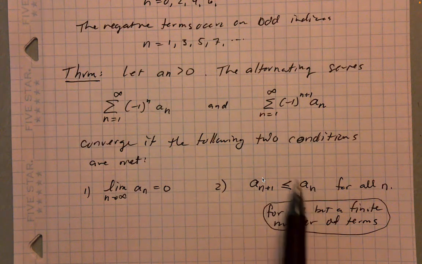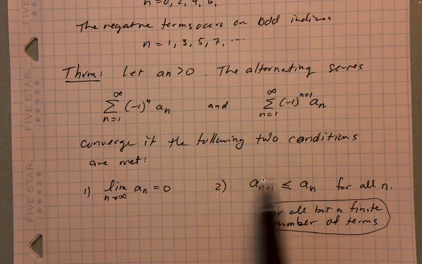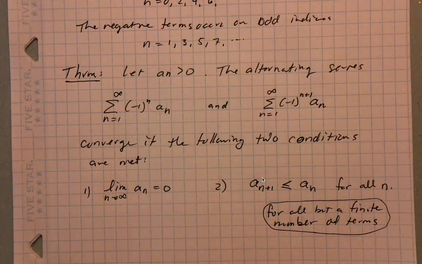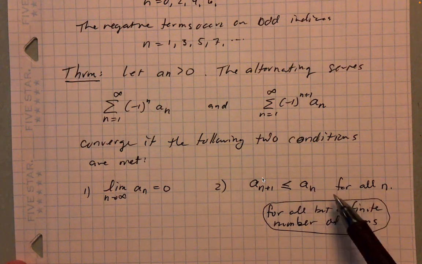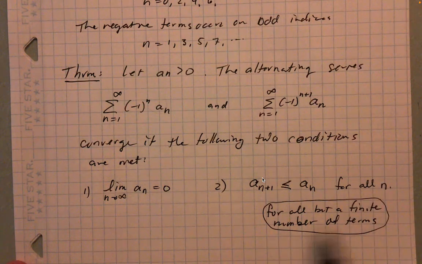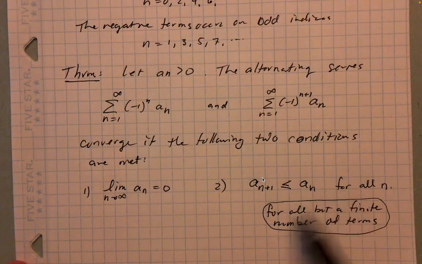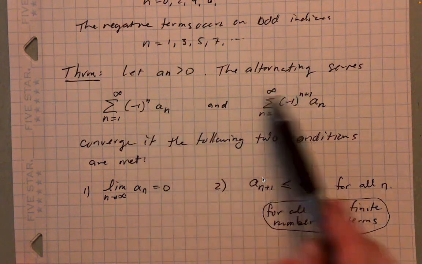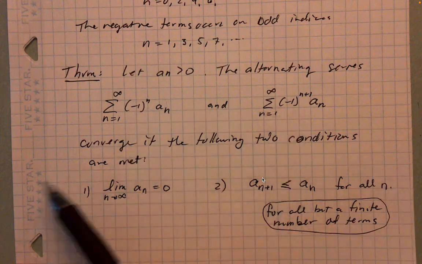Or it's okay if the first 50 terms don't satisfy this condition, so long as the 51st and on all do meet this condition. So that's what we mean by for all but a finite number of terms. More concisely, we say for all n, but keep in mind that this is a little bit flexible.